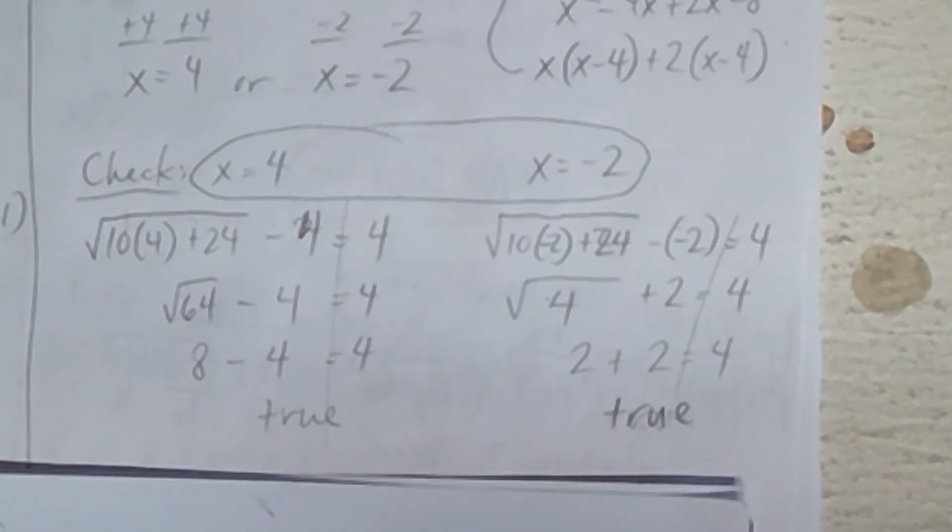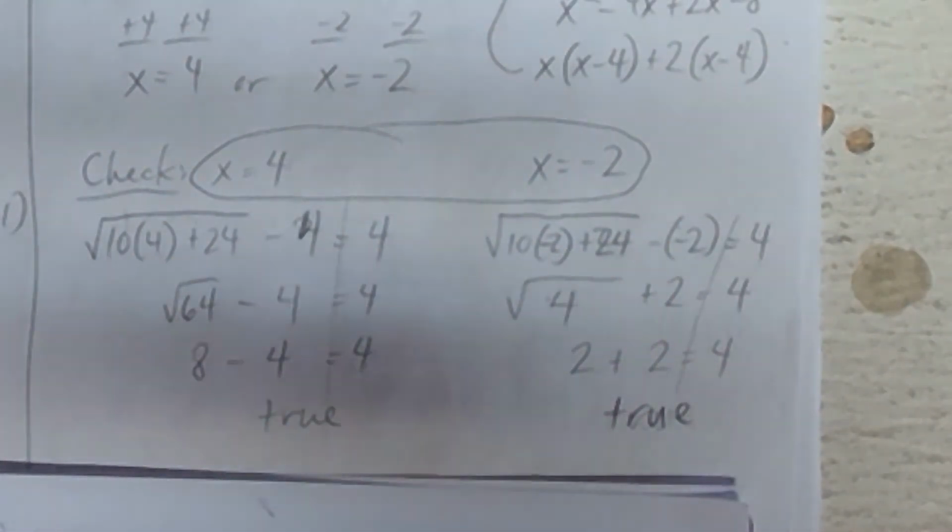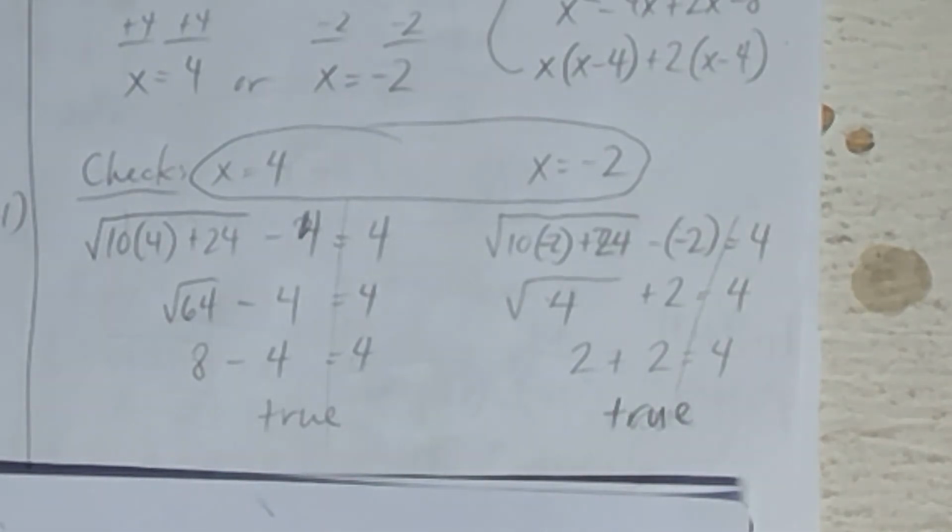The reason why I keep on saying the word original is because sometimes you see a radical pop up near the end of the problem, or maybe a fraction does at the end of the problem, or maybe even in the middle of the problem. I'm not talking about those equations. I'm talking about the original equations having radicals or fractions.